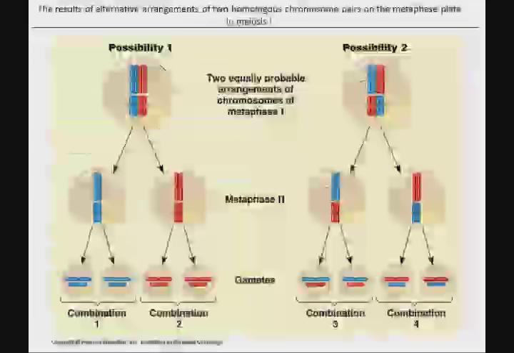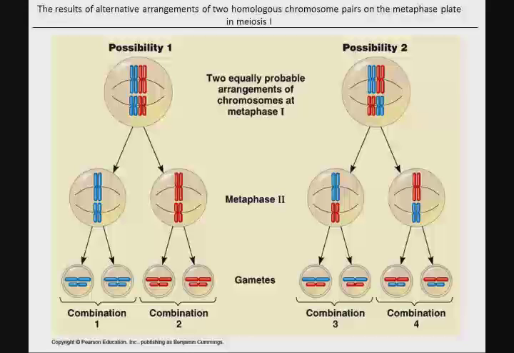Okay? So when we look at this process in greater detail, and we're going to need this as we get into genetics, so we'll come back to this idea, when we zero in on metaphase 1, when tetrads are lining up on the metaphase plate, the way they line up on the metaphase plate is random. All right? And this is called the law of independent assortment.